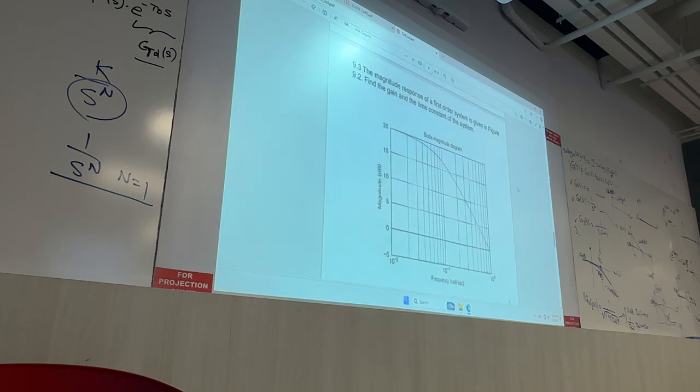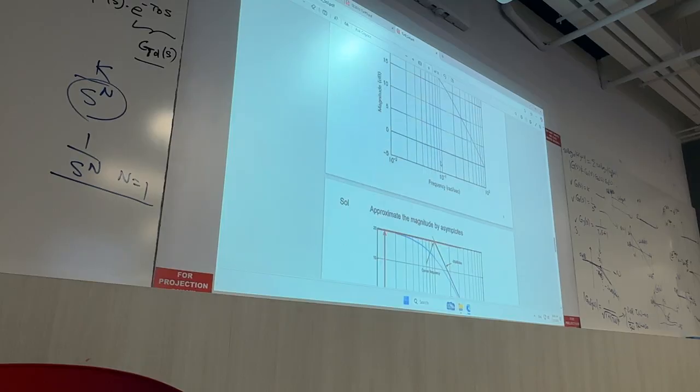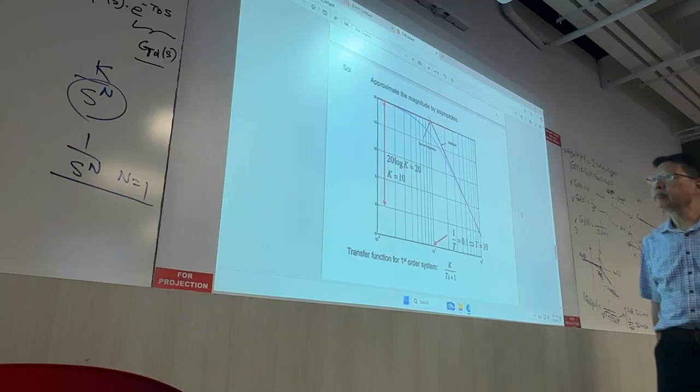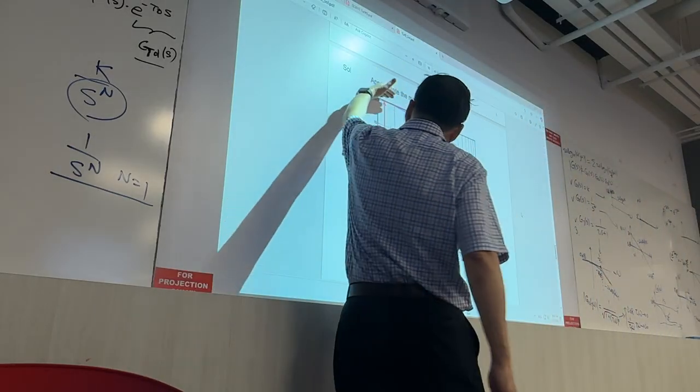So for this one, we fit in the asymptote on the left, 0 dB.